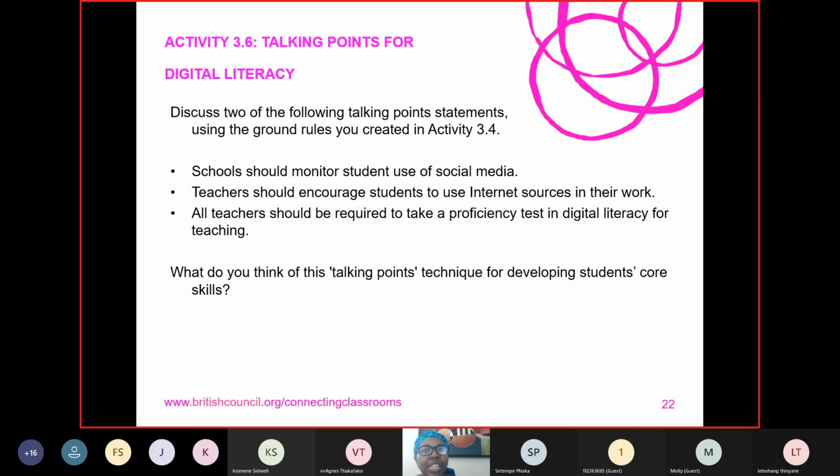That ACE stands for: digital literacy so that learners can access information, then take that raw information and create something using the information they have researched, and lastly evaluate. ACE is access, create, and evaluate.